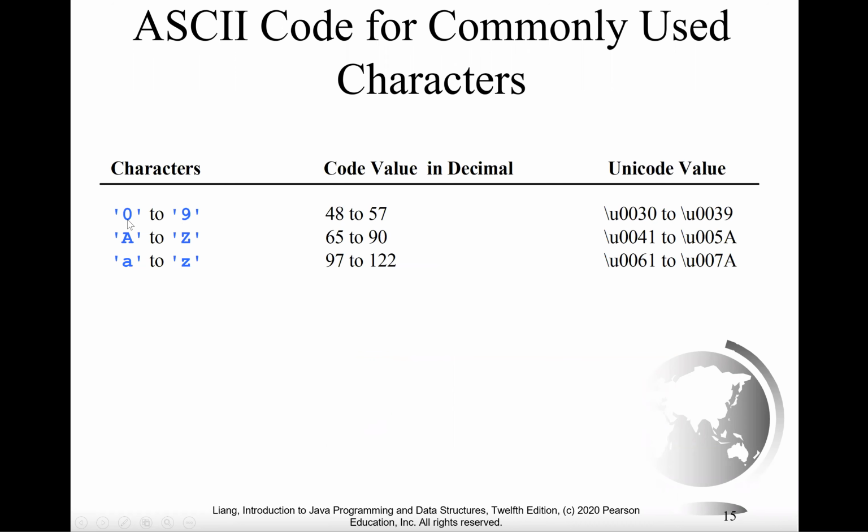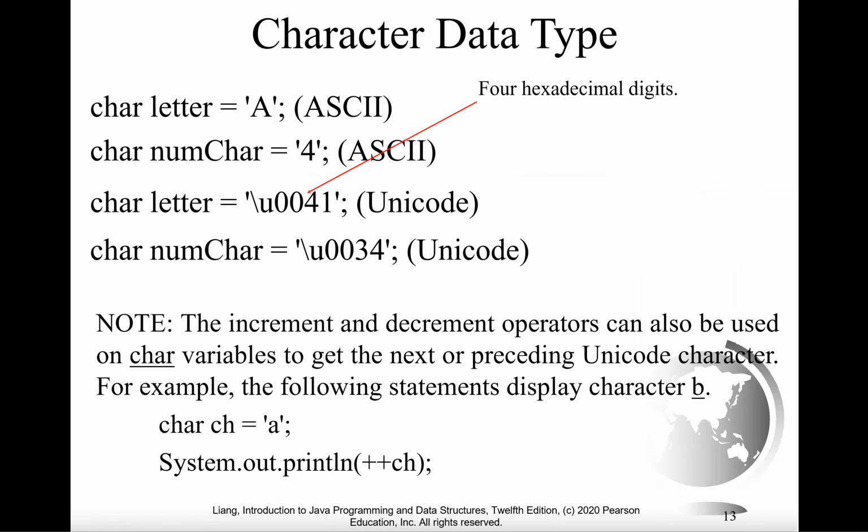The character 0 is number 48 when stored inside a computer, and 9 is 57. Uppercase A is 65, lowercase a is 97. The corresponding Unicode for uppercase A is 0041.